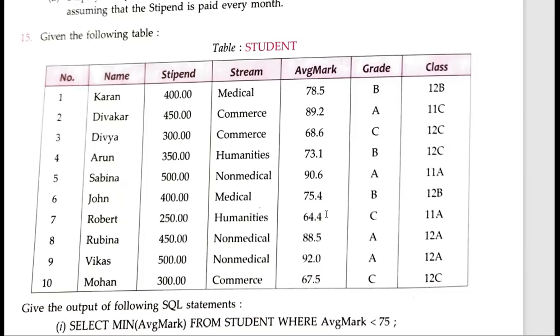Yes, Naman, correct. Twinkle, correct. Karan, wrong. Beta, this is an aggregate function. Only one answer you will be getting, Karan.